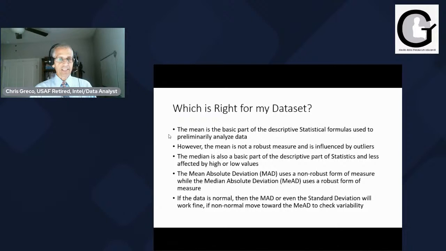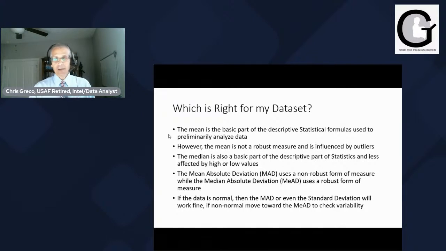So which is right for my data set? The mean is a very, very basic part of the descriptive statistical formulas that you use. You preliminarily analyze data using mean, median, mode, standard deviation, variance, all these things, right?